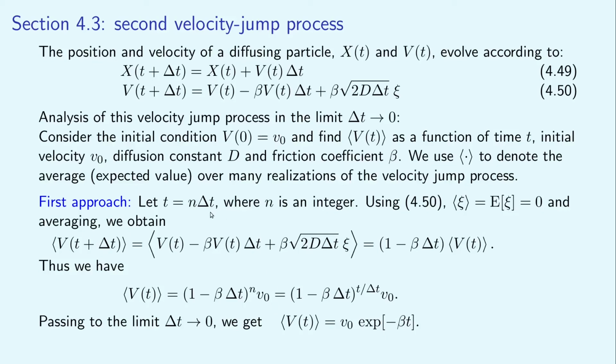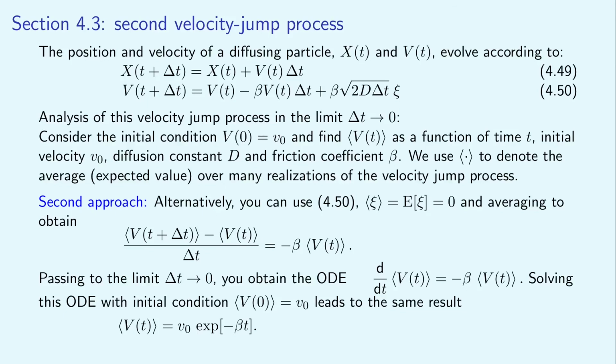Passing to the limit delta t goes to 0, we get that ⟨v(t)⟩ is v0 times exponential minus beta t. In summary, in this first approach, we first exactly solved the discretized problem, and then we pass to the limit delta t goes to 0.